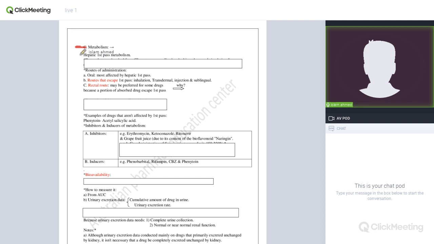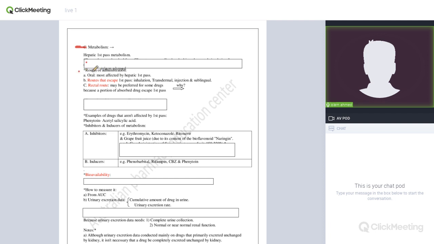So we have the hepatic first pass metabolism effect. Drugs that are absorbed from the gastrointestinal tract are generally absorbed in the portal circulation and pass through the liver before entering the general circulation.